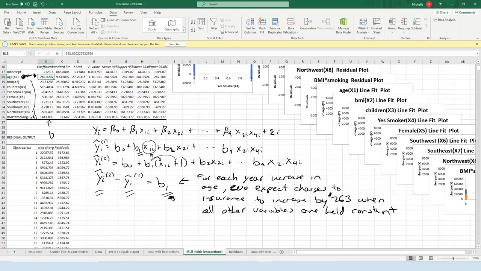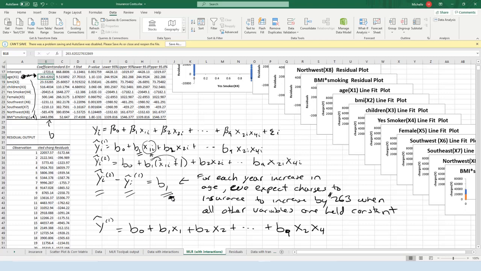Okay, so now how do we interpret this? Let's say we have y hat 1, and this is just going to be b1 x1 plus b2 x2 plus dot dot dot b9 x2 times x4, because that's an interaction term.